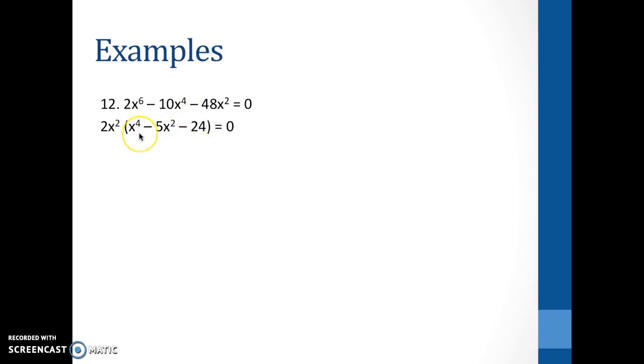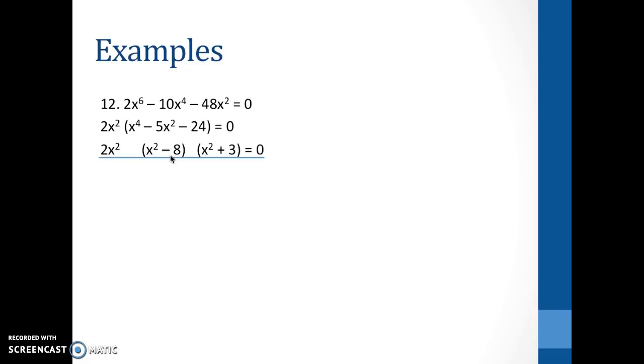When you take negative 8 times 3, you get negative 24, and when you take negative 8 plus 3, you get negative 5. So we still have our 2x squared, we have our x squared minus 8, and we have our x squared plus 3. We want to see if we can factor these further, and we can't.